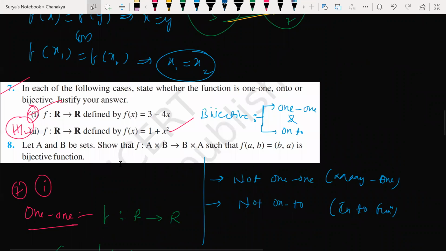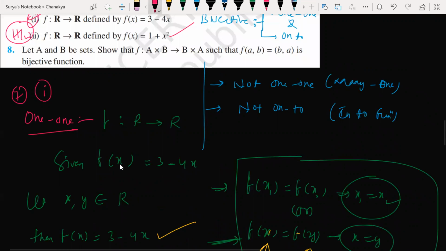Now, the eighth question. Have a look at it. Let A and B be sets.